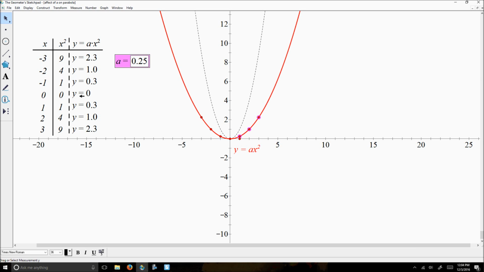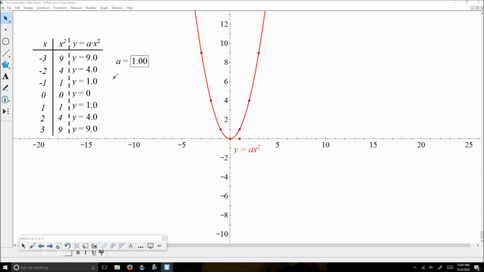So how do we use this pattern in graphing parabolas? Well, let's go back to our original graph. Now, earlier I said that a acts like the slope. Remember that slope of a line is the change in y over the change in x.